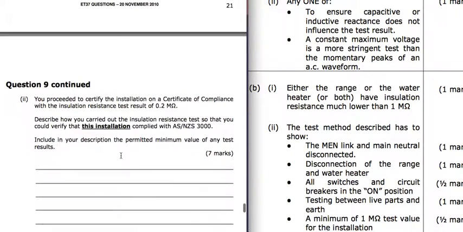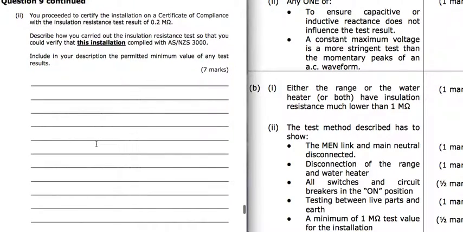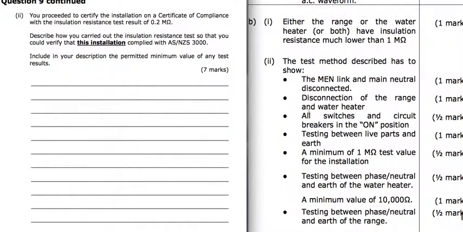Part 2, we want to give a certificate of compliance, even though we've got 0.2 mega ohms. So basically we need to prove that this installation does comply with 3000, and it is the range and the water heater that's causing the problem. So how are we going to test that? Well, what we're going to do is we're going to take out the MEN link and the main neutral disconnected.